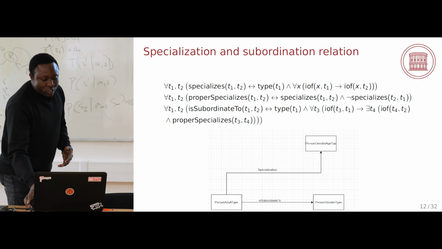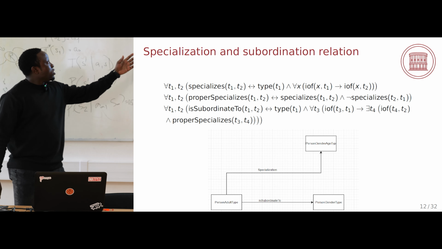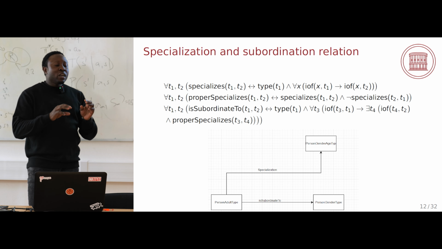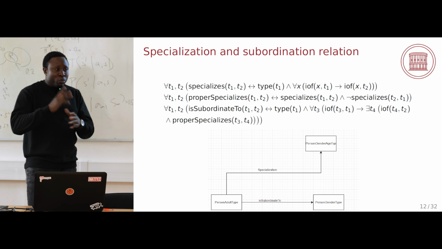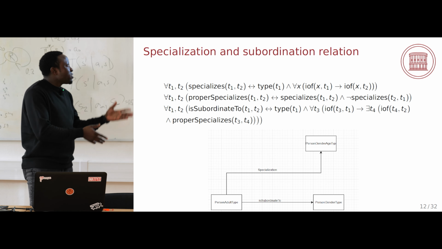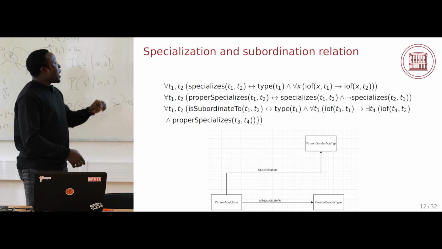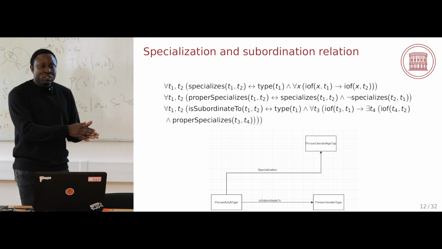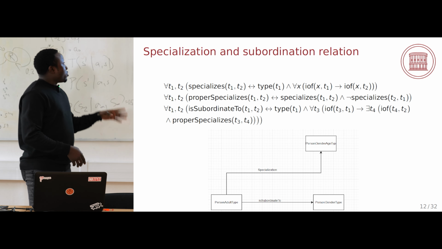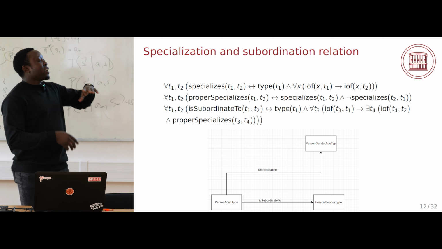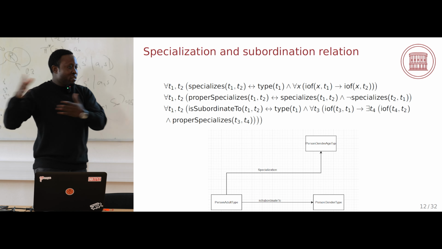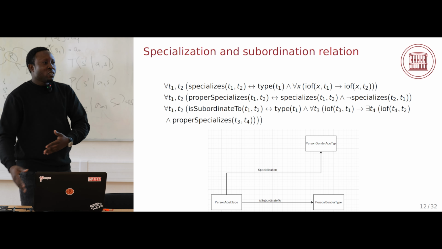Such intra-level relationships could be a specialization relation, which is in the form of the subsumption relationship, like a subset relationship, and then a subordination relationship, which is like the part-of relationship that we discussed earlier. So if you say a class is specialized on another class, it's like saying every instance of class A is an instance of class B, like subsets of it.